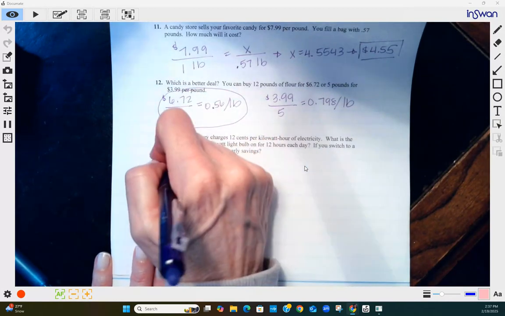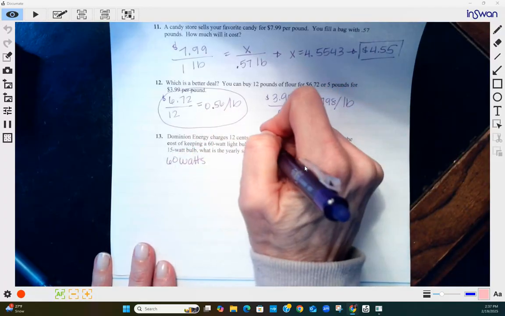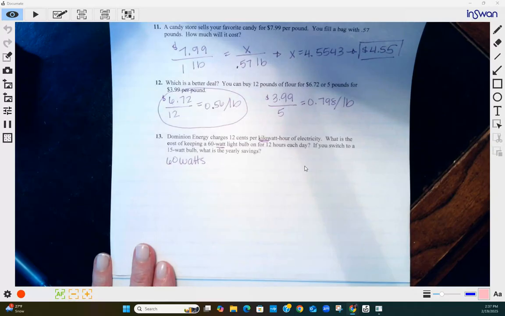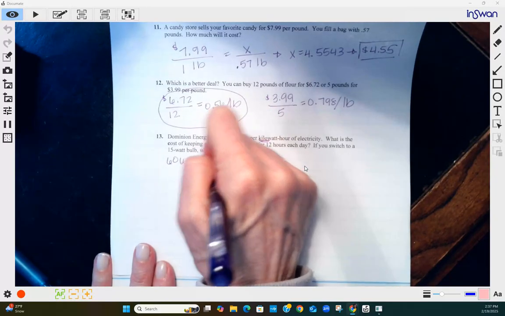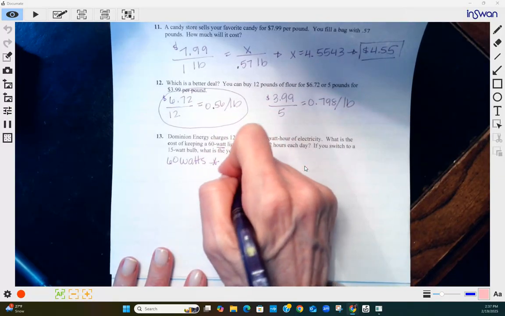All right, so we're going to start with the 60 watts. And it's kilowatt and watt. Just like there's 1,000 meters in 1 kilometer, there's 1,000 watts in 1 kilowatt. So that's where I'm getting that. Okay, just the metric system.